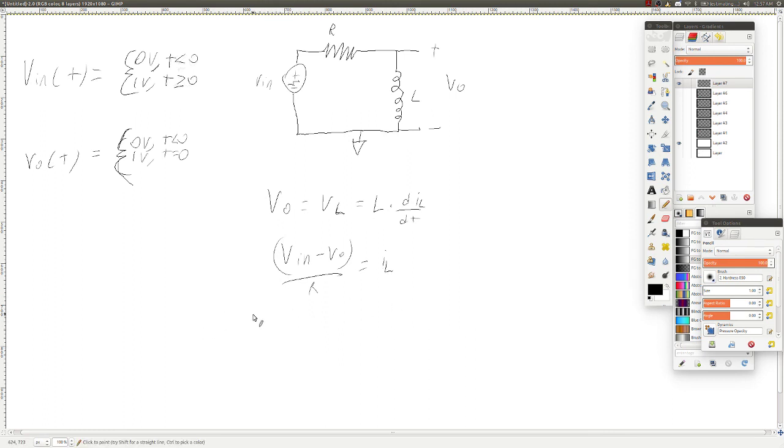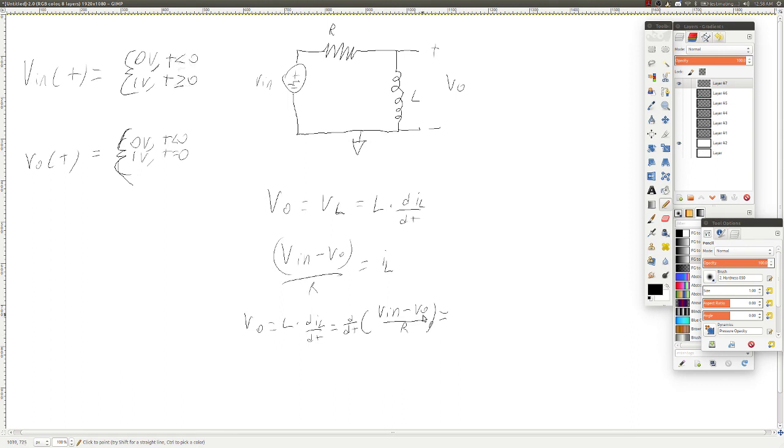What we're going to do is we're going to say that V out is equal to L times dI_L over dt, which is equal to L times d over dt of (V in minus V out) over R, which is equal to, well, the derivative of V in is a constant, and we can split this, and so V in over R is going to derive to 0.